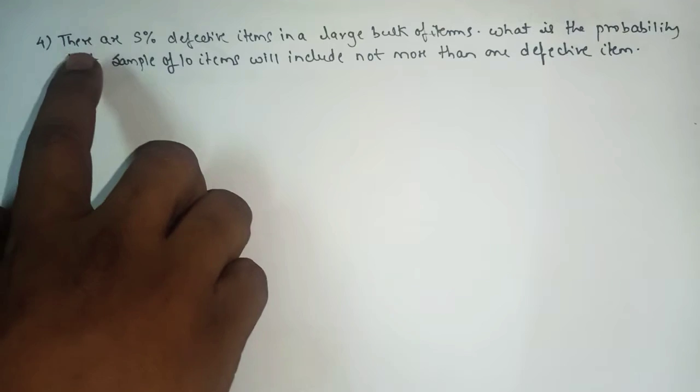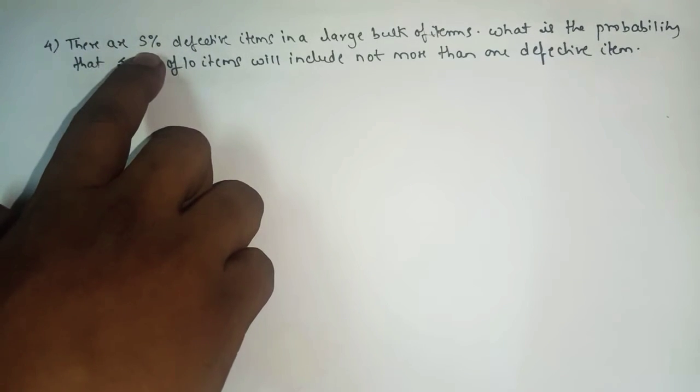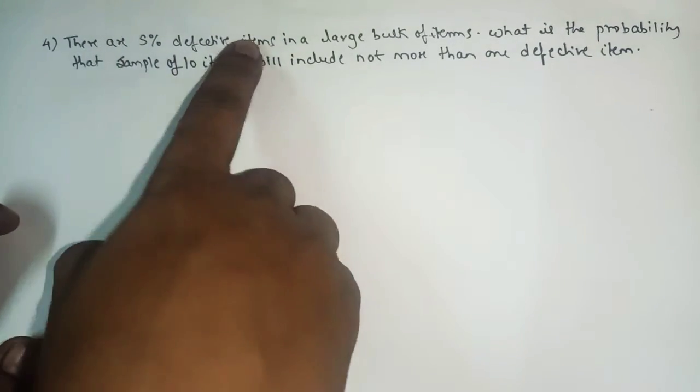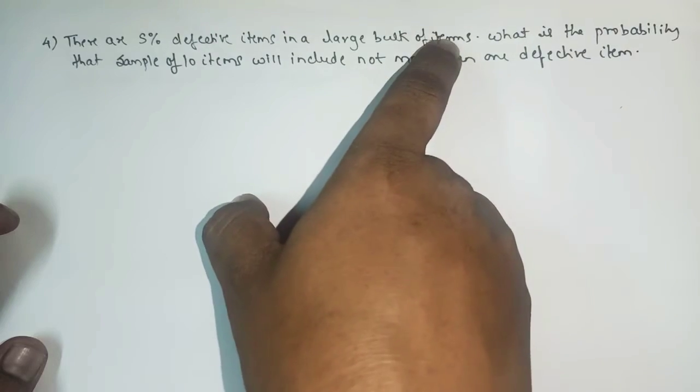Here it says that there are 5% defective items in a large bulk of items.